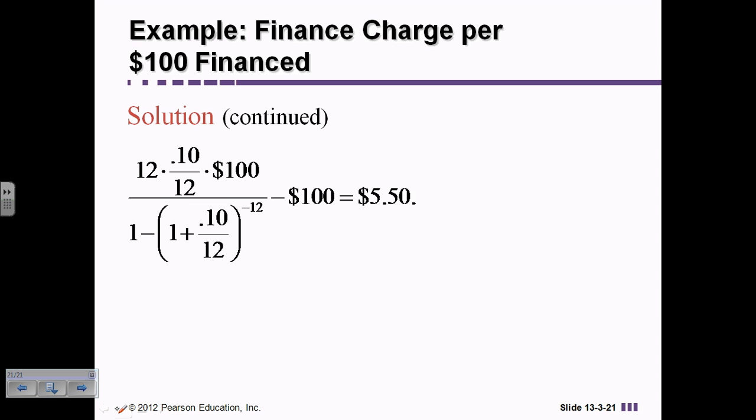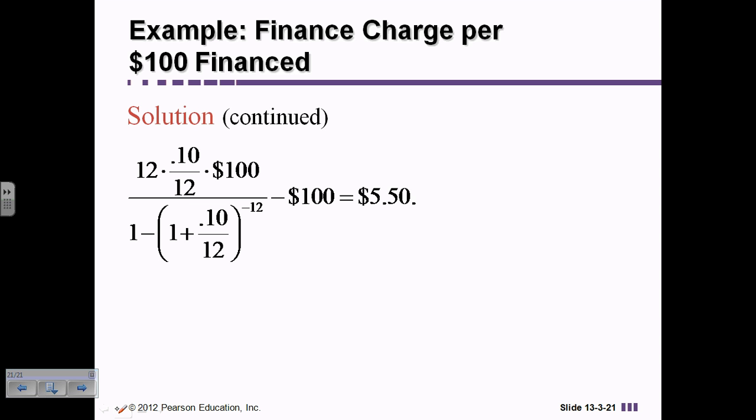So what this answer is telling you is that you're paying $5.05 per $100 of borrowed money, based on the fact that you paid the loan off early. That amount should be smaller than what you originally had planned on paying for that loan.